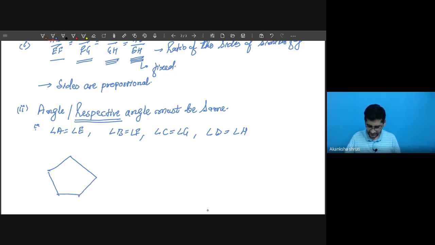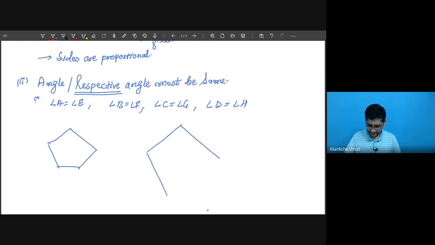Let me take the pentagon. Taking the pentagon, let me name the smaller pentagon as A, B, C, D, E, and the other P, Q, R, S, and T. In this case, whatever this angle X is, it need not be a regular pentagon, it may be irregular.